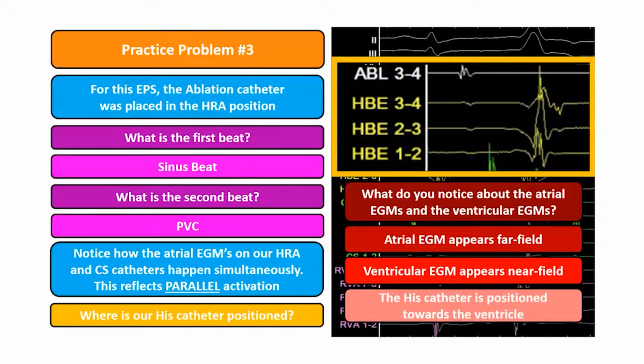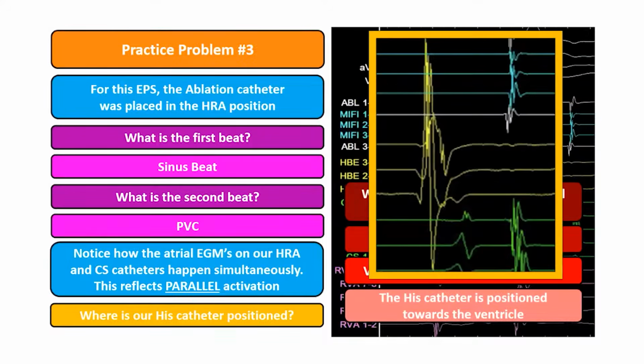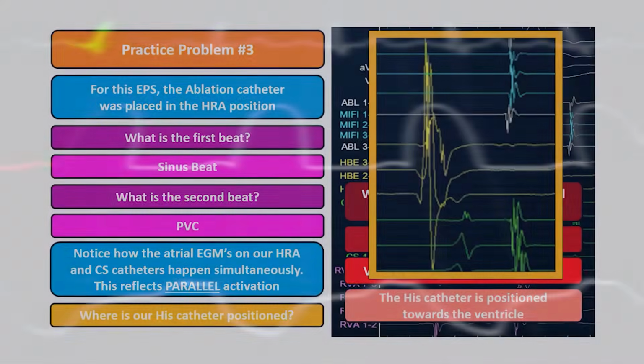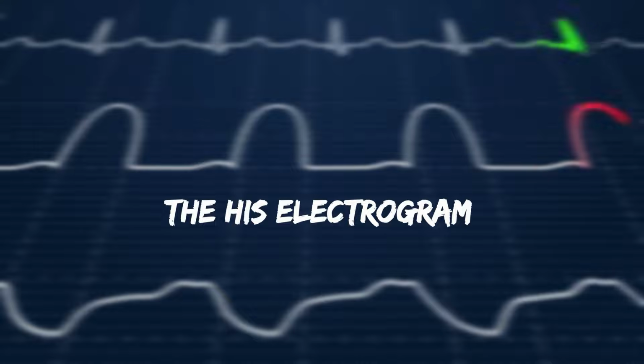Thus, the HIS catheter is likely positioned towards the ventricle because the activity that's seen more clearly or locally appears ventricular. When we look at the PVC, we can see the same relationship, that the PVC and the ventricular activation appears sharper and more near field, whereas the atrial activation that happens later looks more far field, low amplitude and broad.